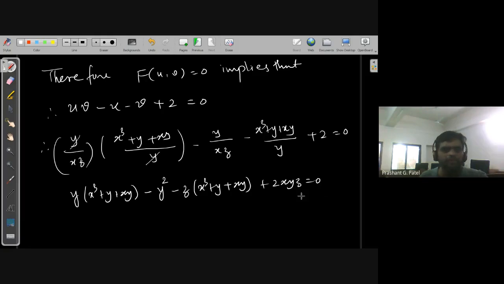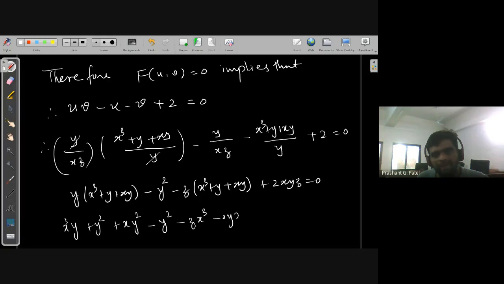Further, if you simplify this, you will have x cube y plus y square plus xy square minus y square minus zx cube minus yz minus xyz plus 2xyz equal to 0. Just see, something is cancelled out: y square will get cancelled.